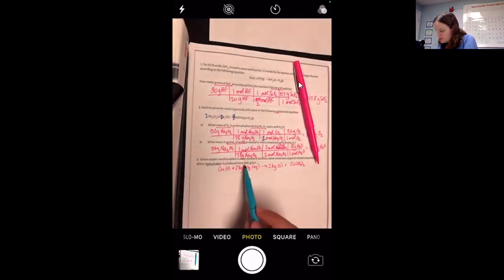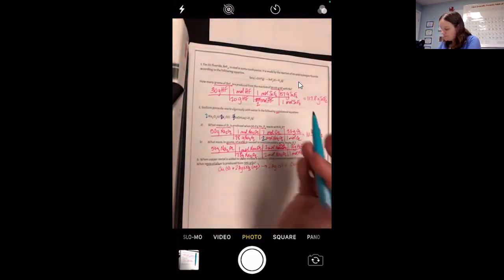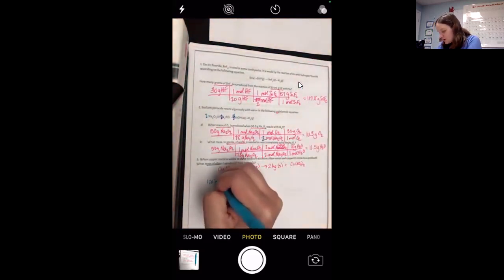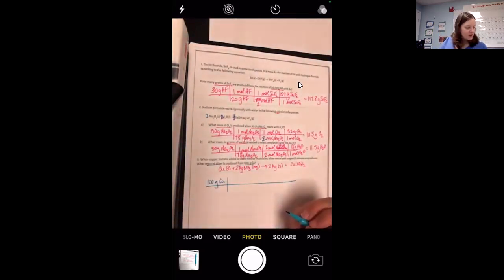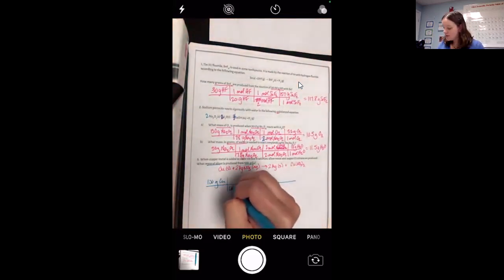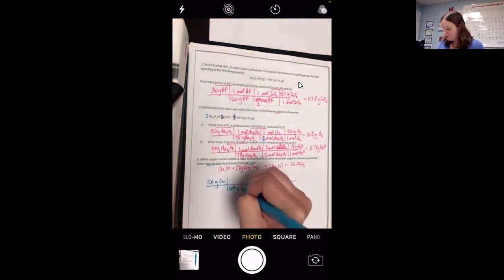Okay. So we're figuring out the mass of silver produced from 100 grams of copper. So 100 grams of copper. Copper has a molar mass of 64 grams in 1 mole.